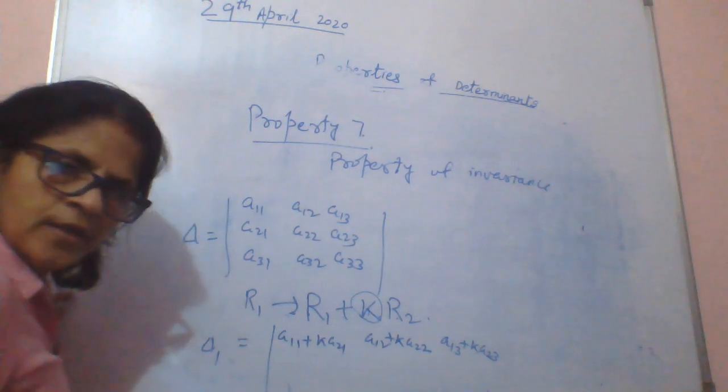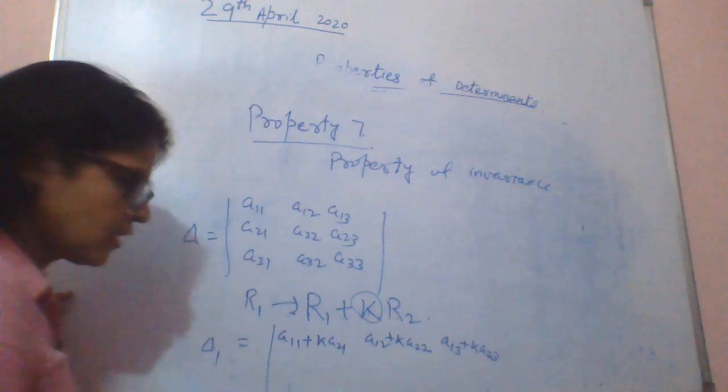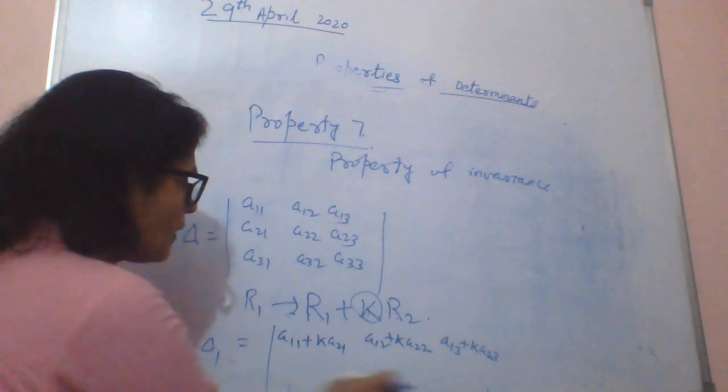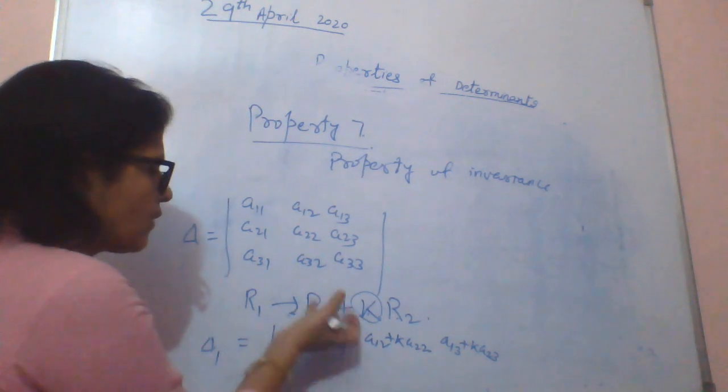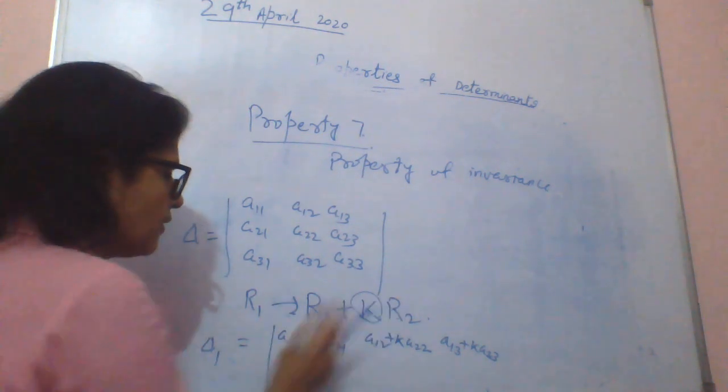K is any constant, positive or negative. If it is 0 then R1 will be R1 only, so it is any real number.